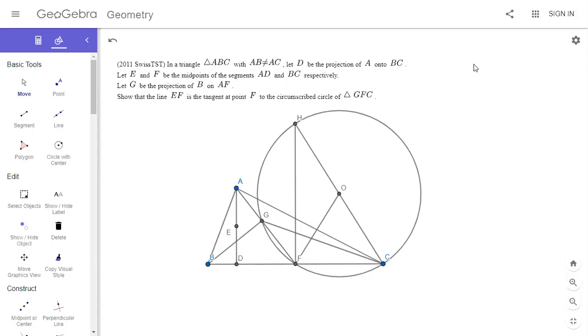Yeah, I feel like there's got to be some... Can you draw? Yeah, I can draw. There has to be some similar triangles here.